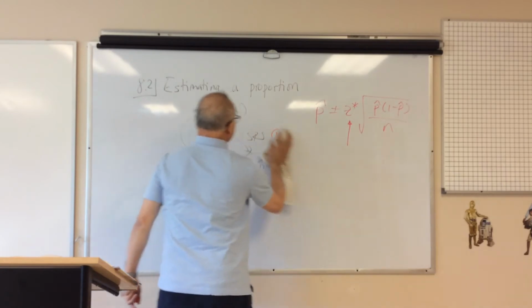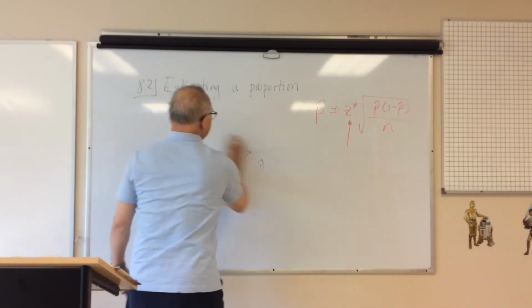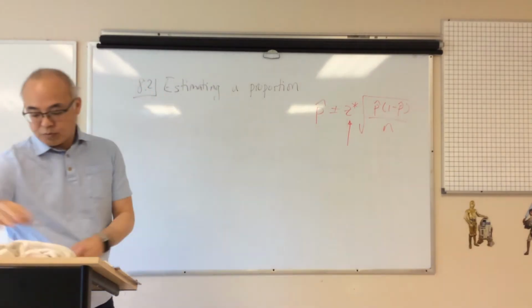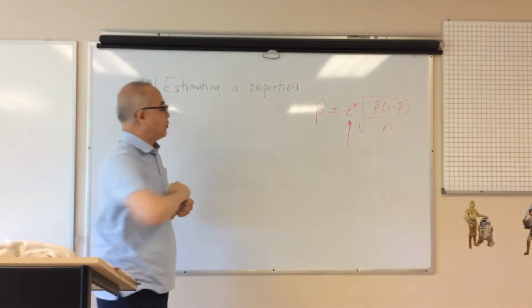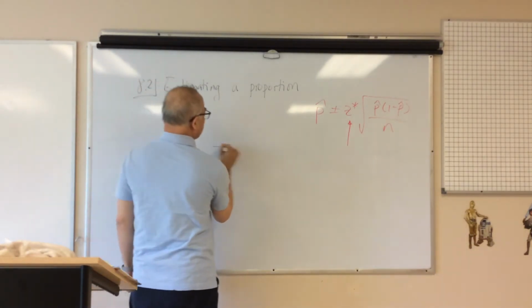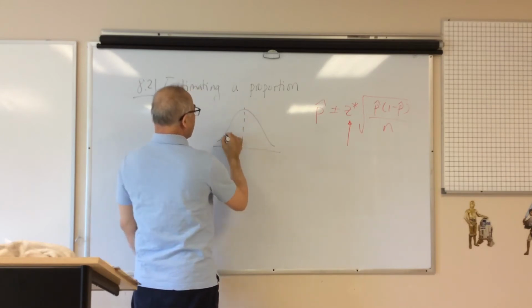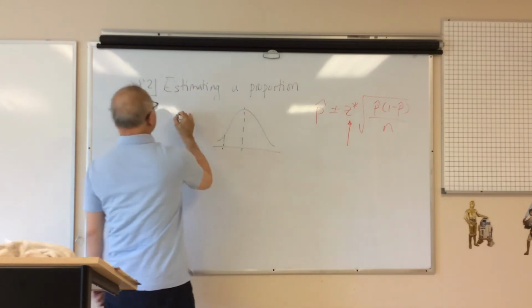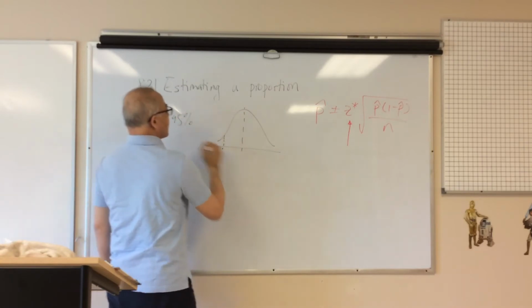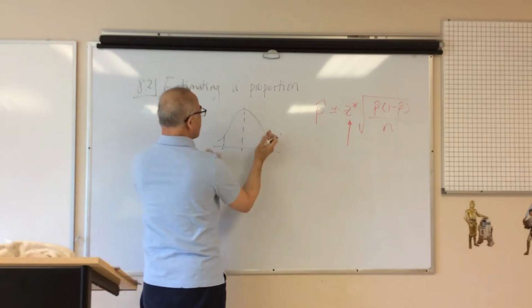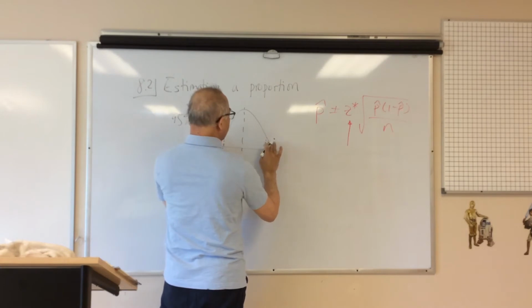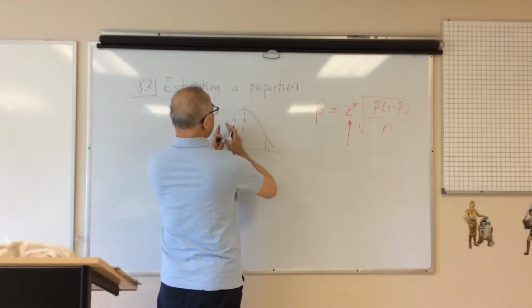To find the critical value, we'll be looking at a normal distribution, and the normal distribution is going to look like this. Let's say we're going to do a 95% interval. In other words, in here, you want the 95% in the middle.